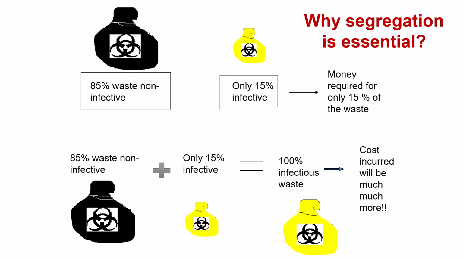So what is segregation and why is segregation essential? Segregation means separation or isolation of various waste into various bags. 85% of the waste is non-infective waste, which is collected in the black bag, and only 15% is infective. So money is required only for the 15% of the waste.